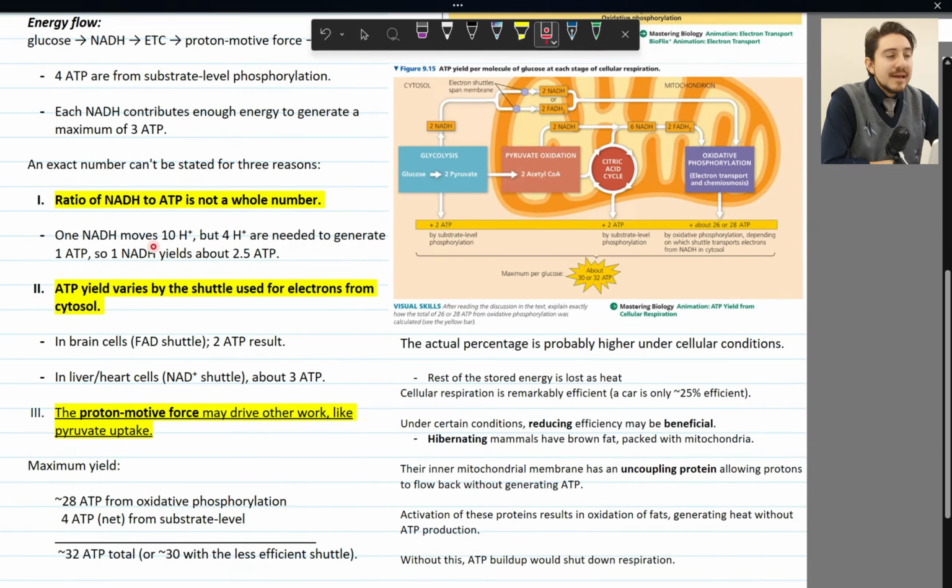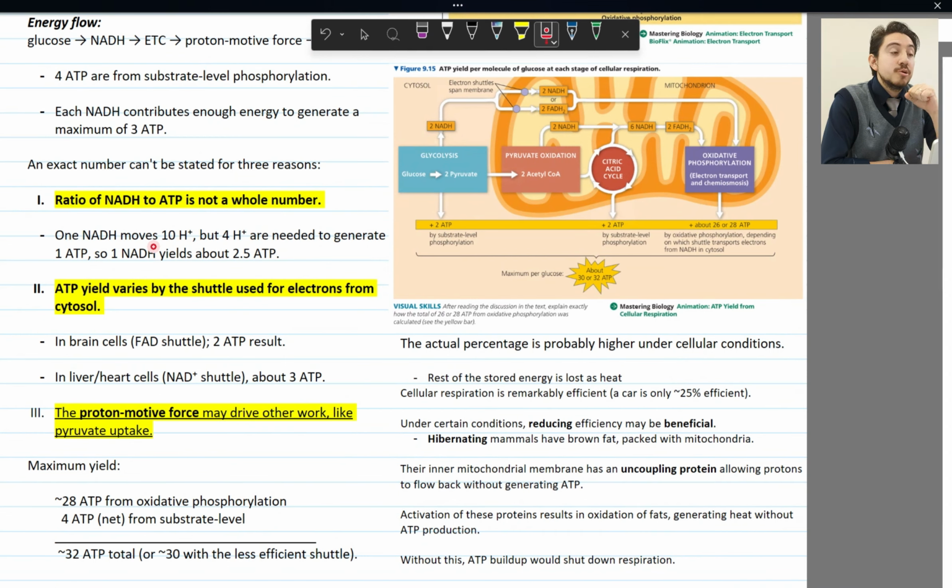Now, the exact number of ATP produced is a little bit difficult to calculate, and there are several reasons for that. The ratio in which you have NADHs carrying these electrons to produce ATP is not really a whole number.